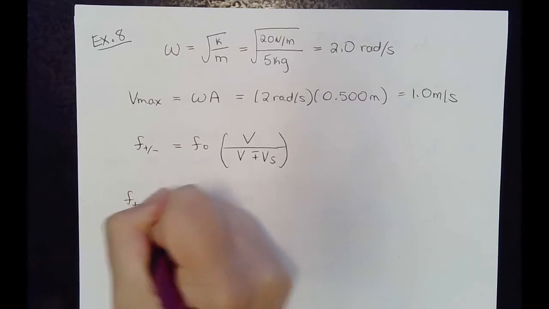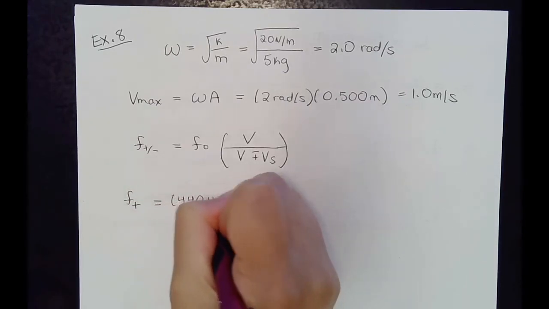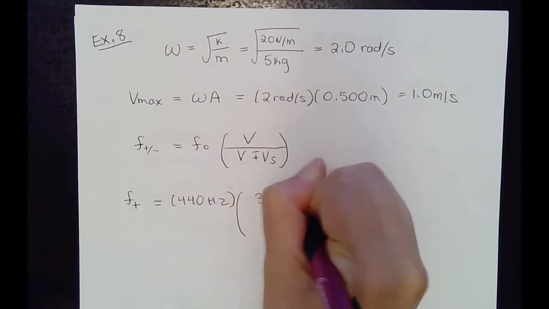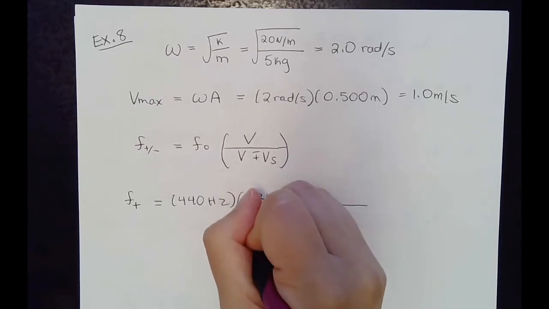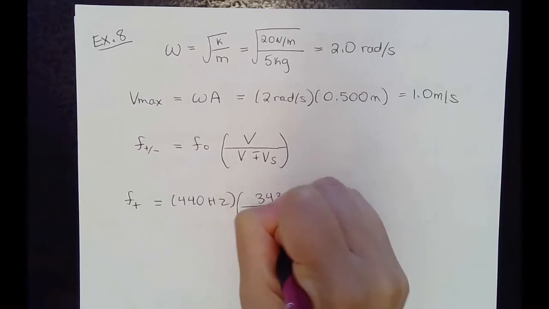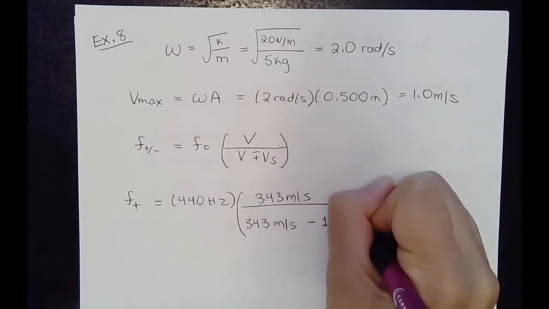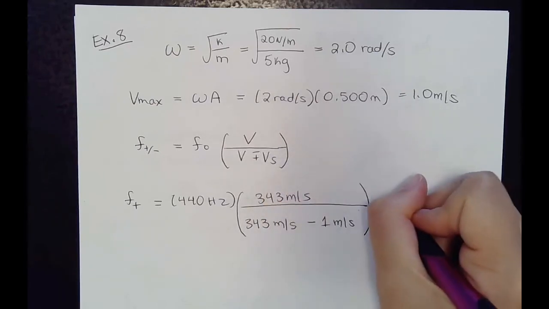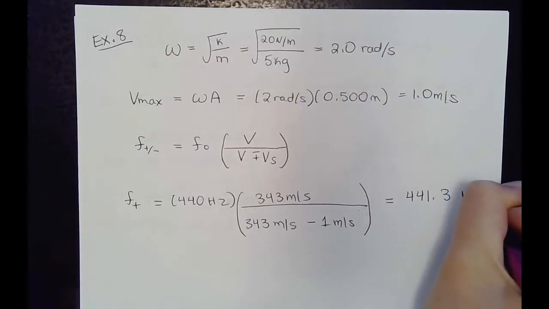So F plus equals 440 hertz times 343 meters per second, the speed of sound in air, we can use the room temperature value, over 343 meters per second minus 1. Choosing our upper sign here for the approaching case to give us the highest frequency, which is 441.3 hertz.